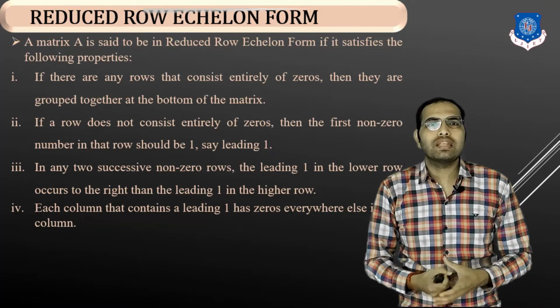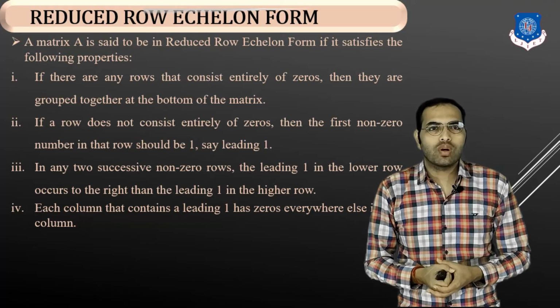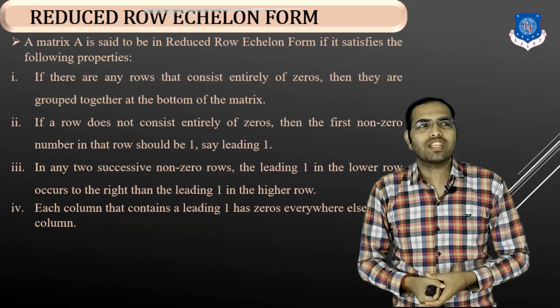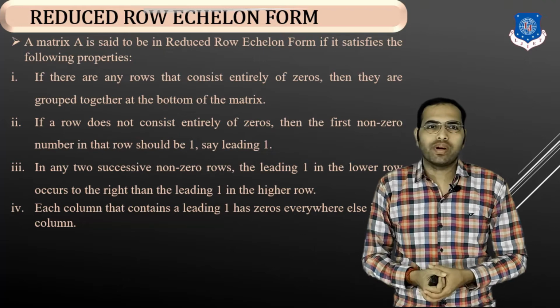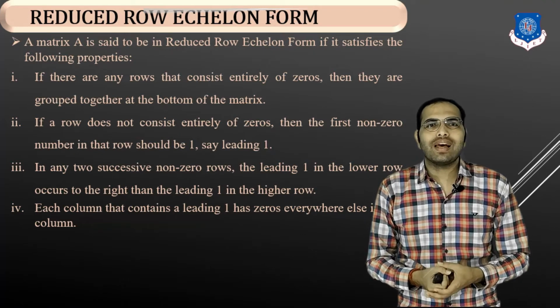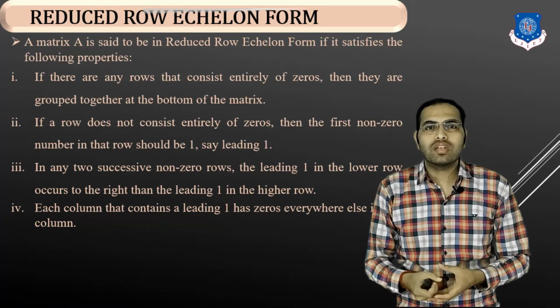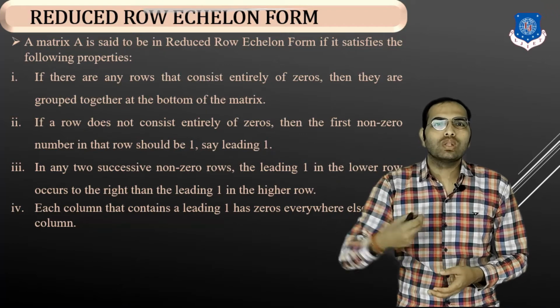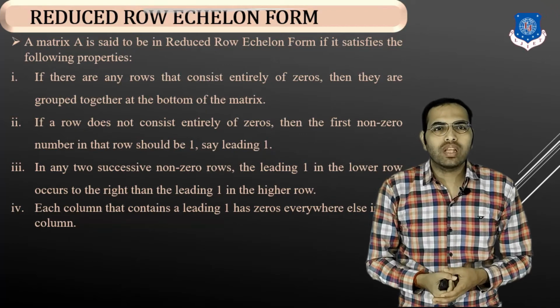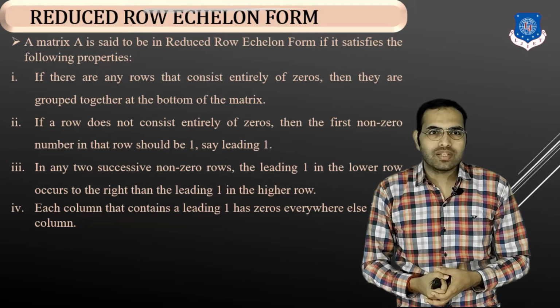A matrix A is said to be in reduced row echelon form if it satisfies the following properties. First one: if there are any rows that consist entirely of 0, then they are grouped together at the bottom of the matrix.